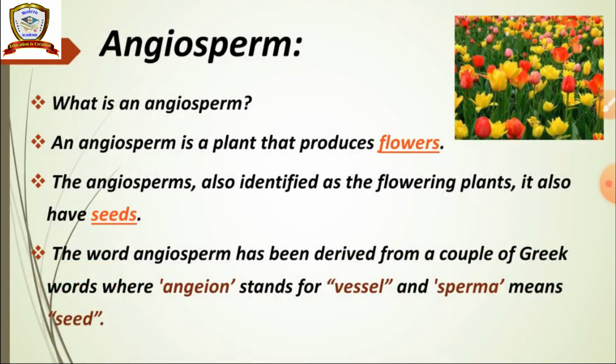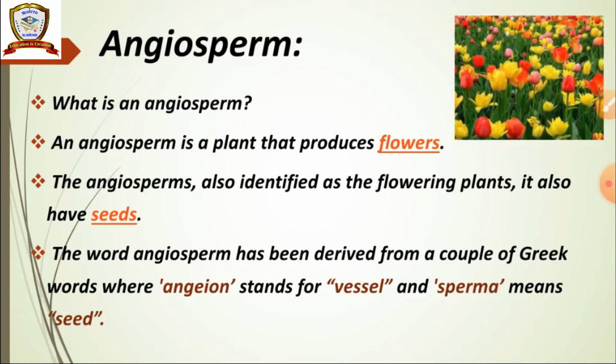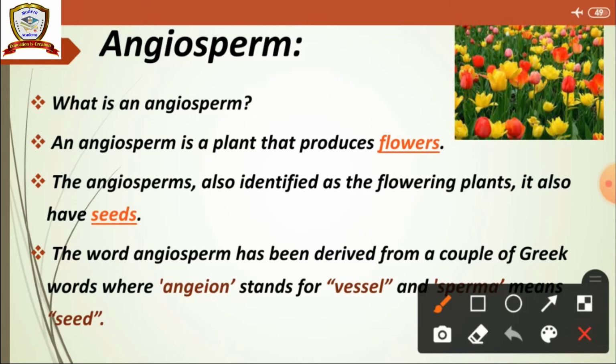What is an angiosperm? An angiosperm is a plant that produces flowers. Angiosperms, also identified as flowering plants, also have seeds.